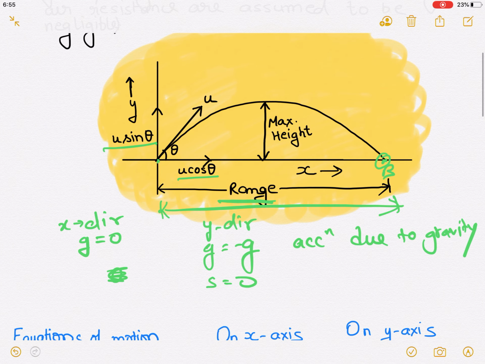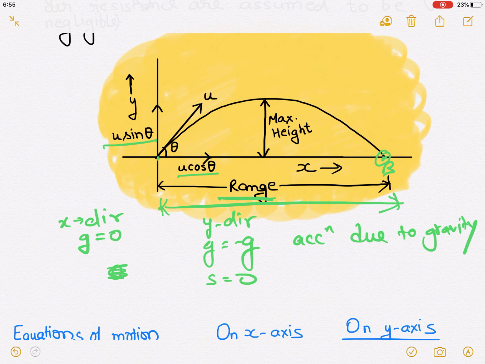Another important thing is that the velocity in the x direction will always be u cos theta. Whichever point you take, it will always remain u cos theta. But at the point of maximum height, suppose it is A, at this point the velocity in the y direction will become 0.